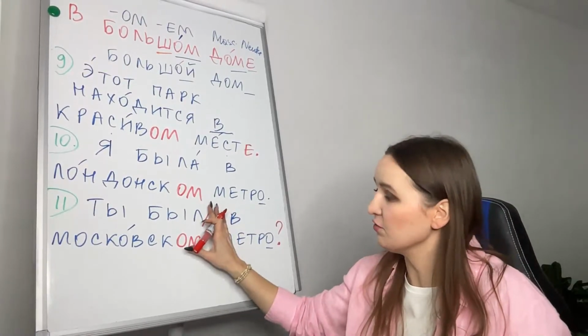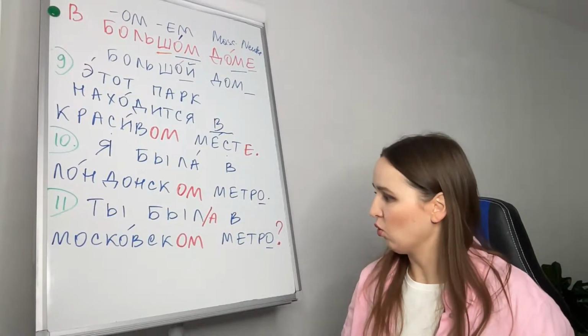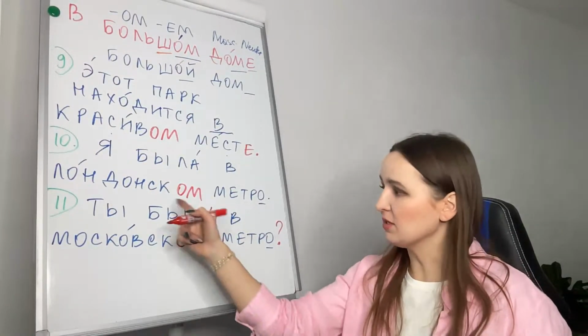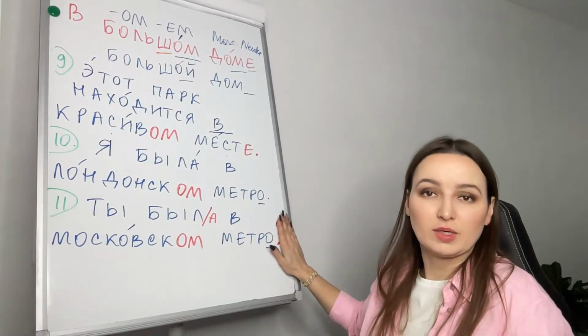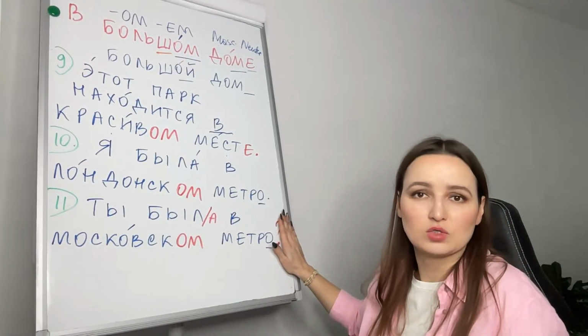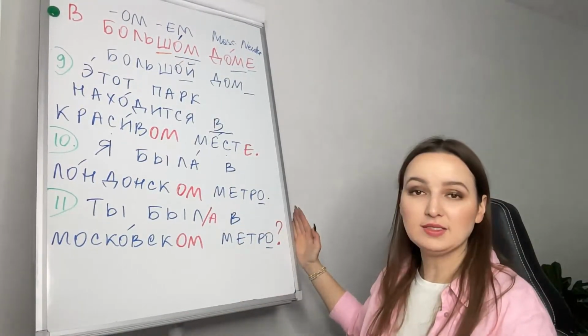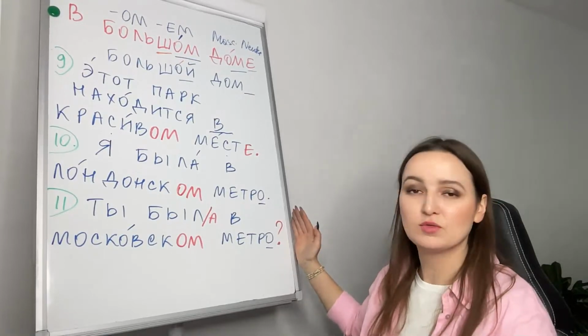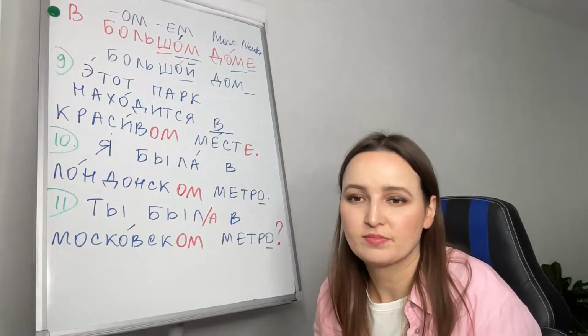Or ты был, if you're asking a man. Очень хорошо. It can be a statement. We can use it without a question mark: ты был в московском метро. You were in the Moscow metro. Да? But if you want to ask a question, just use your intonation. Ты был в московском метро?